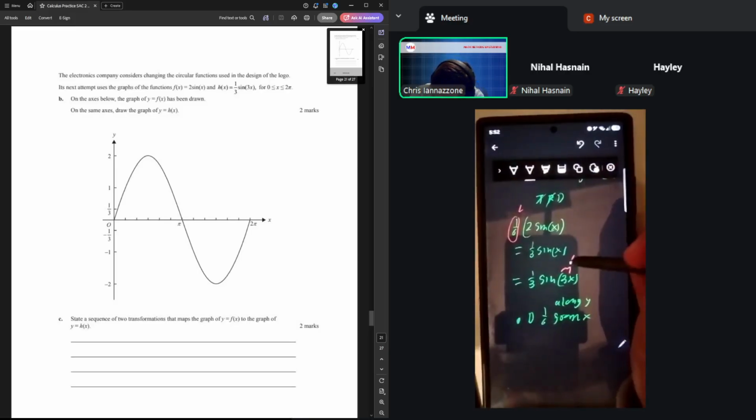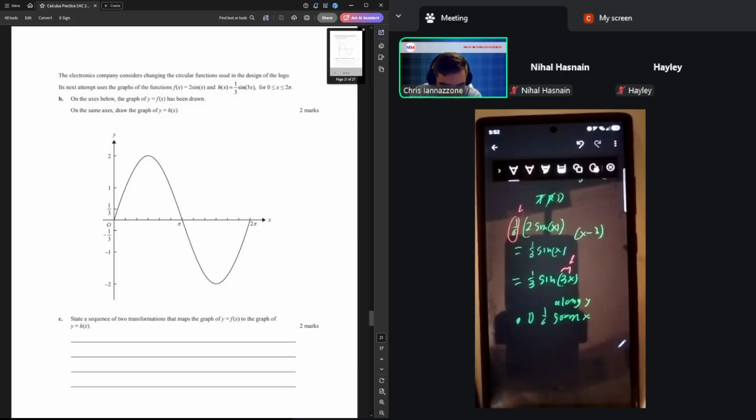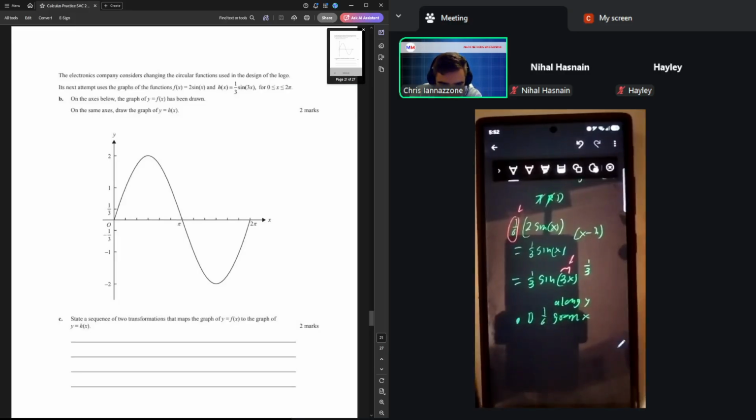This one, however, is a bit sneakier. If we remember how horizontal translations can be a bit weird, where subtraction goes right and plus goes left, a similar thing happens with multiplications, where multiplications on the x are actually inverted when you write what factor was used.